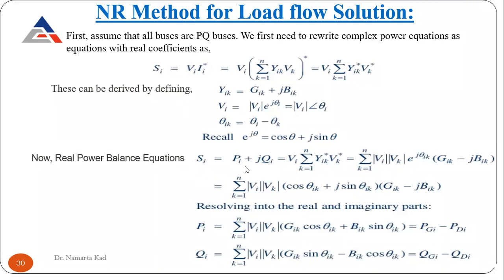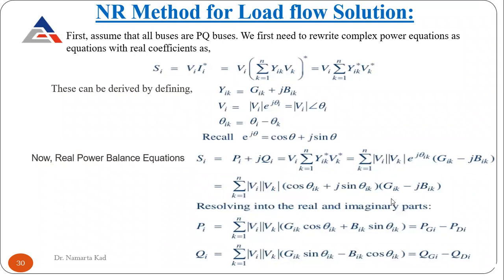So Si is equal to Pi plus jQi, real power and reactive power. It is equal to Vi, this one, Yik conjugate, Vk conjugate. And it is further written as Vi magnitude, Vk magnitude, e^(j theta ik). And instead of Yik, we are going to write here Gik minus jBik.